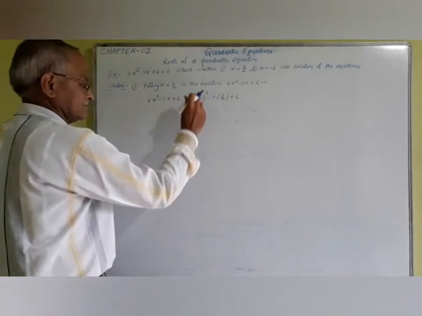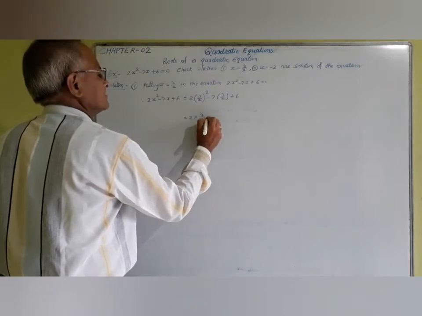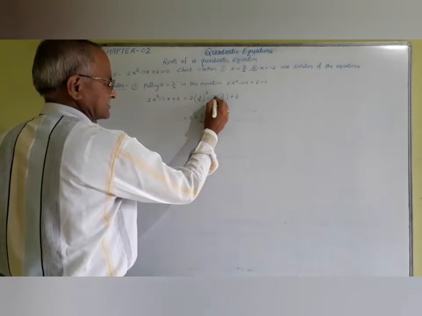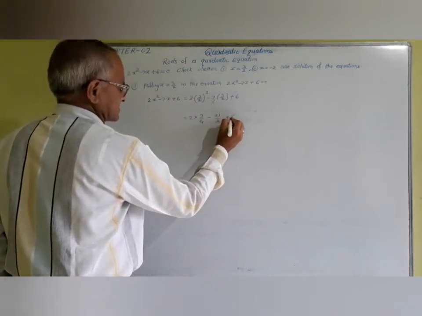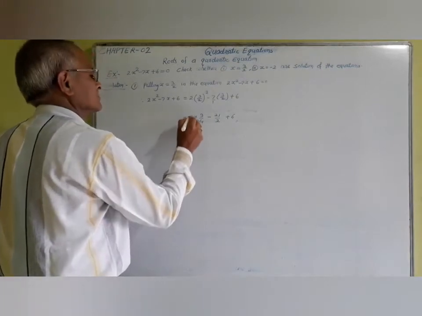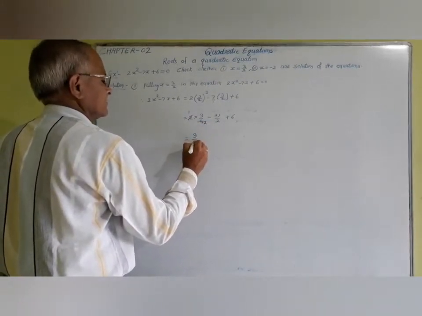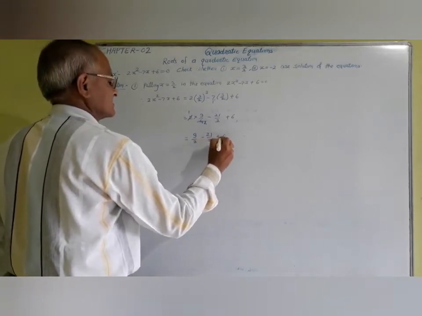2 multiplied by 3 upon 2 whole square means 9 upon 4, minus 7 means 7 upon 1, 7 3s are 21 upon 2, plus 6. That is equal to 2 1s are 2, 2 2s are 4, 9 upon 2 minus 21 upon 2 plus 6.